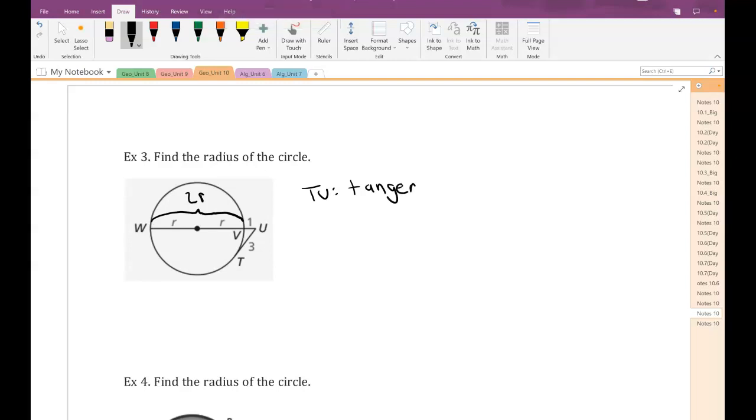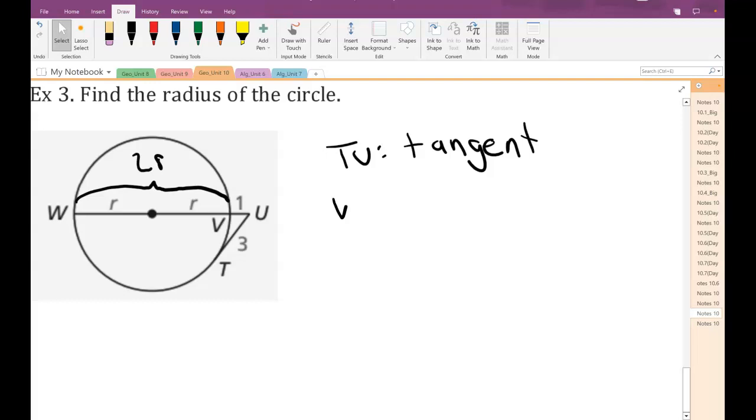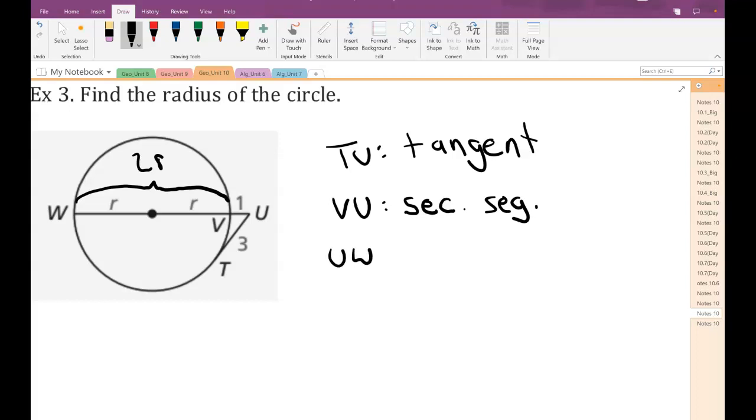It touches one point of the circle and goes off. VU is still our secant segment. And then UW is our full secant.